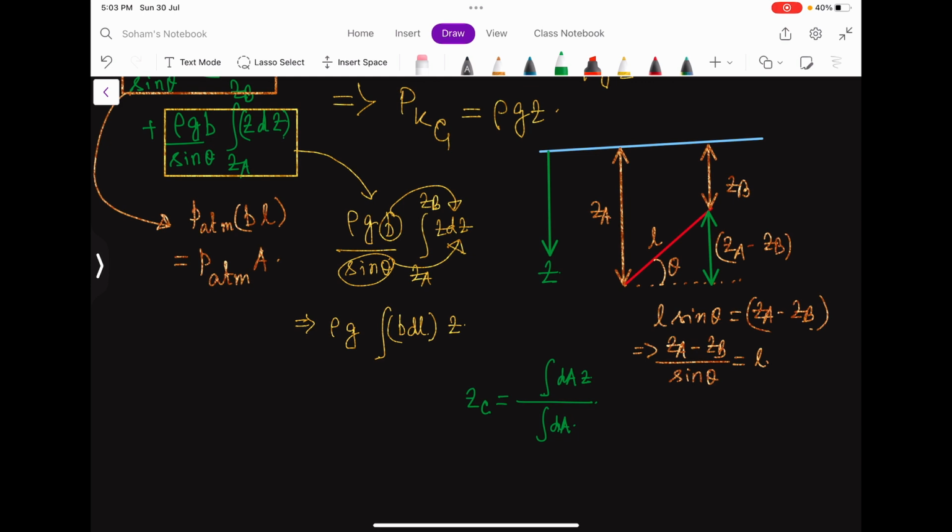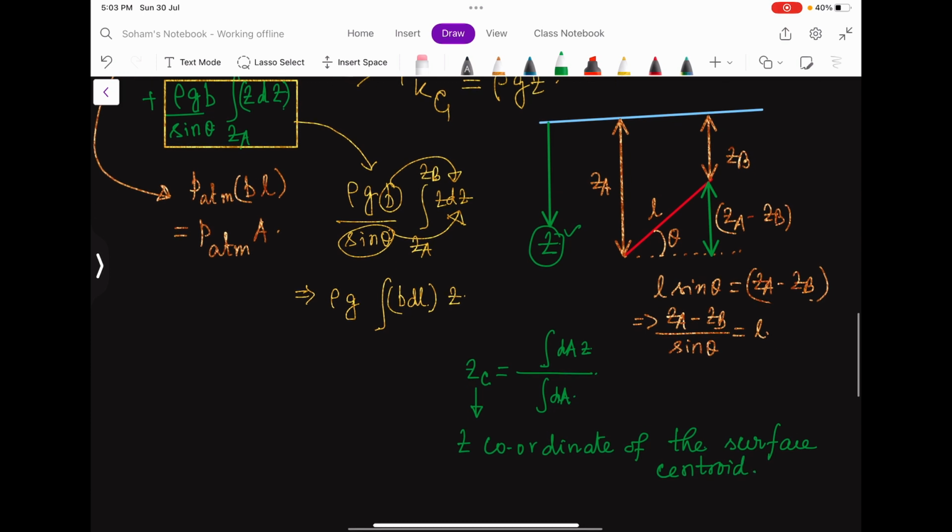This concept is used in calculating the center of mass of a plate. This is the z coordinate of the surface centroid, or the area centroid, and the corresponding formula is this.